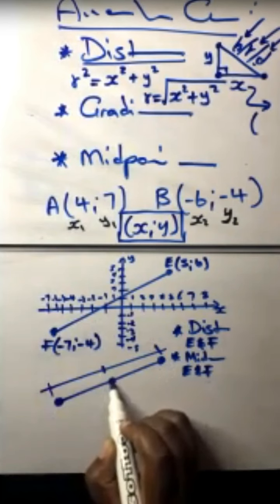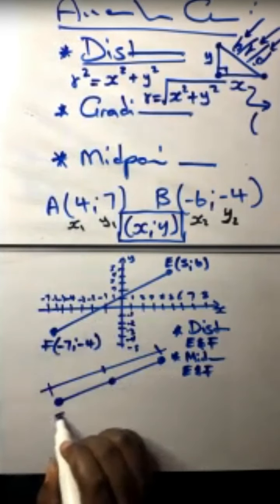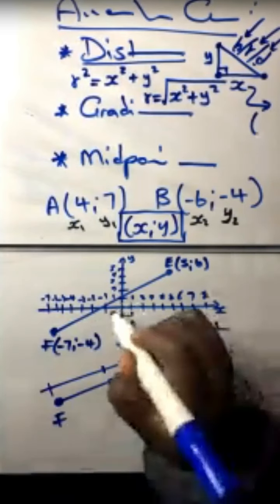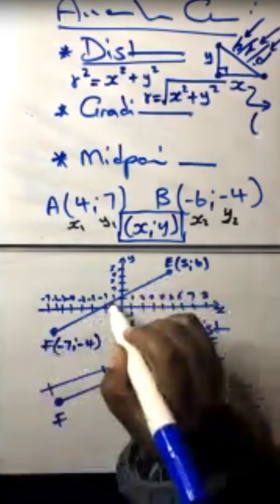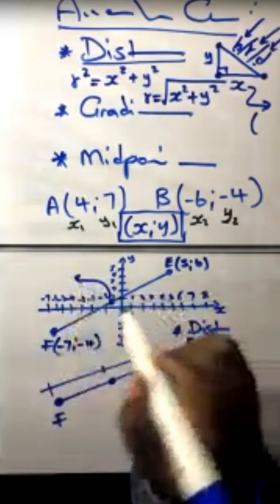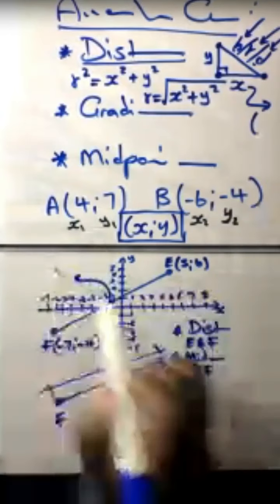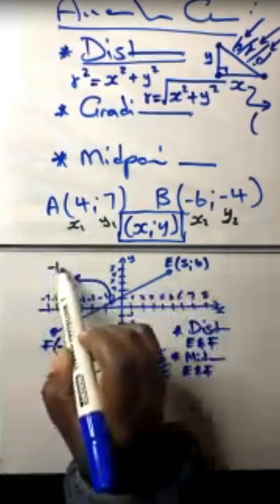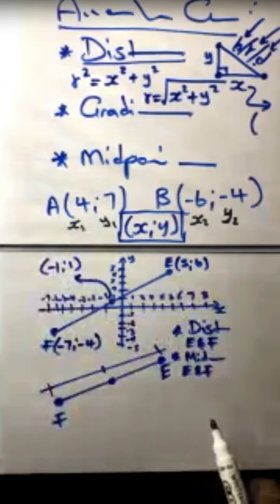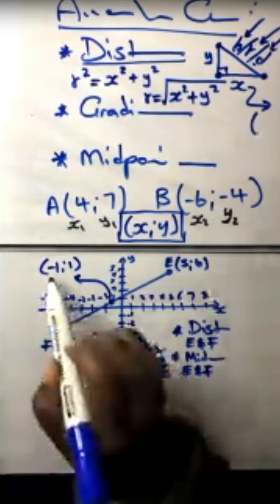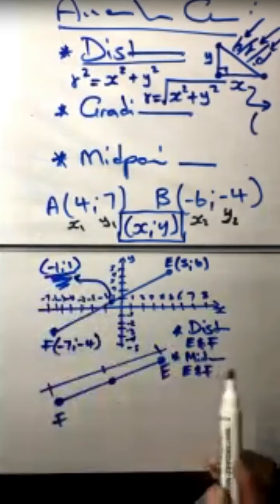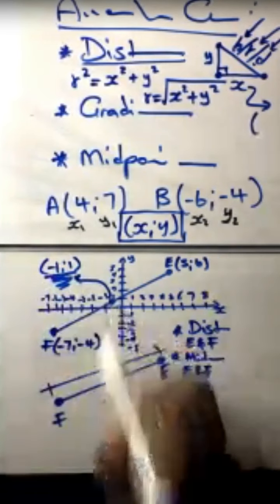So this is a point which is between point F and point E. Along that line, you can see the midpoint is somewhere there. And that guess is close. So you can still say that's where maybe X is -1, and maybe Y is 1. So this is just an estimate where you estimate roughly where your midpoint would be.